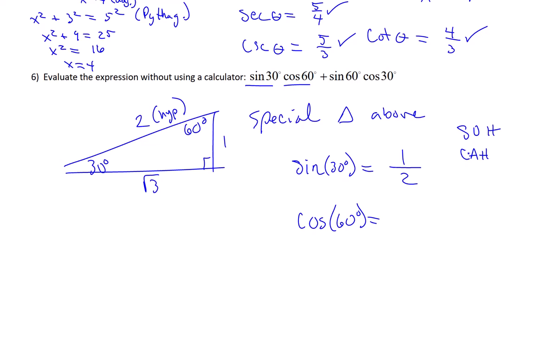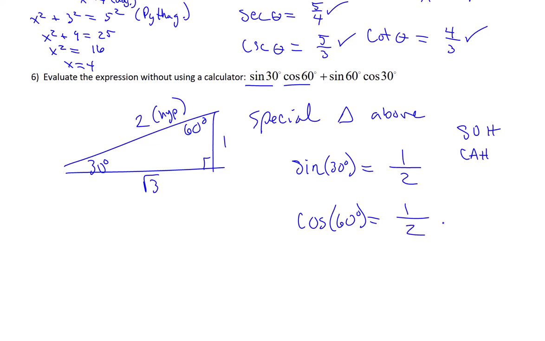Now I'm talking adjacent relative to the 60-degree angle, because that's the one we're using as the input here. So 60 degrees is marked in our triangle diagram. Adjacent to that would be the 1 length. So cosine is adjacent over hypotenuse, which would be 1 over 2.